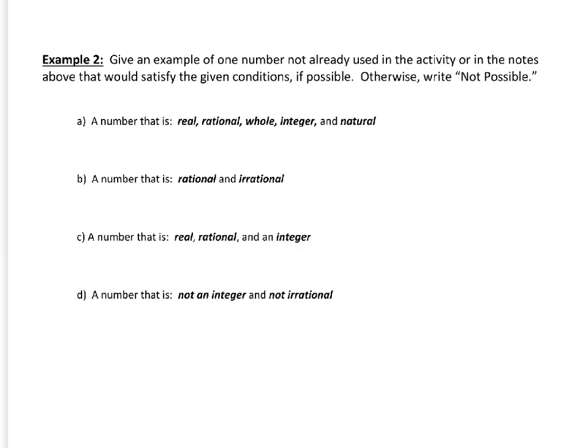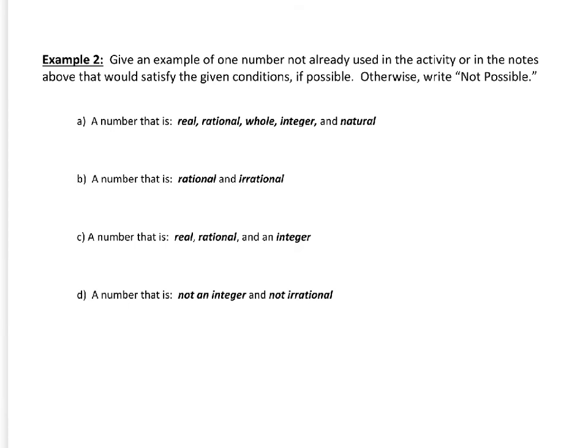Next, we'll try letter C. It asks, find a number that is real, rational, and an integer. Well, I would ask myself, which one of these number sets is towards the bottom of that first number classification chart I gave you? Well, the integers are on the bottom, so let's start with coming up with an integer. Well, an integer, for example, I could use is -4.